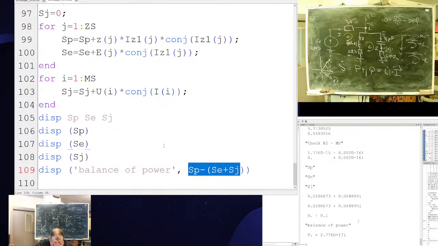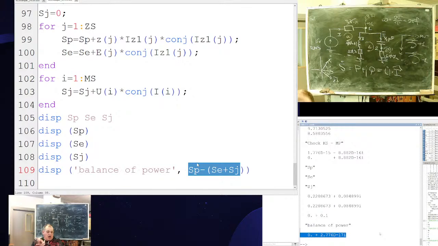Sometimes I saw quite a tricky thing when a network with an inadequate number of nodes was solved, and you yield some results, and they appear right, but they were not right, and balance of power shows it, see? Nice zero. That means that the solution is correct.